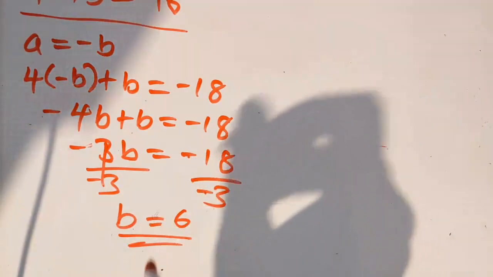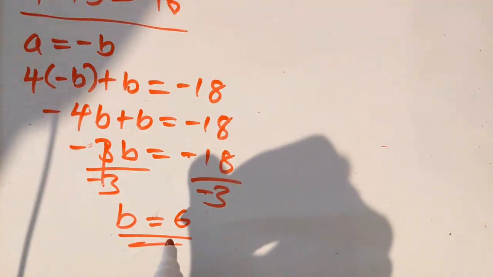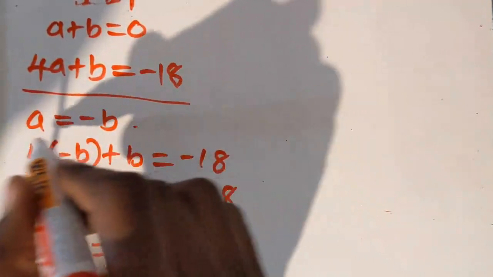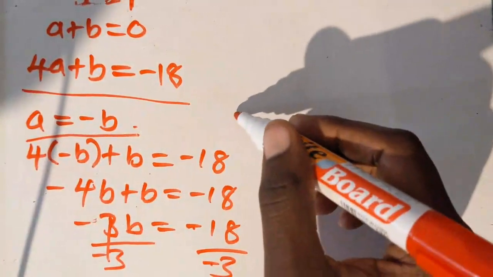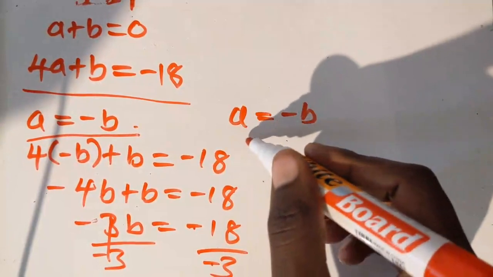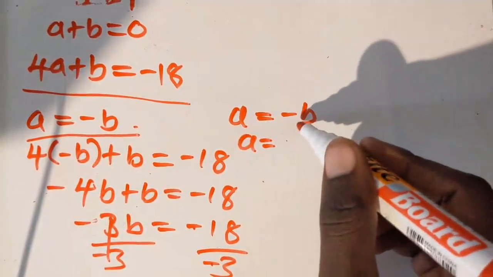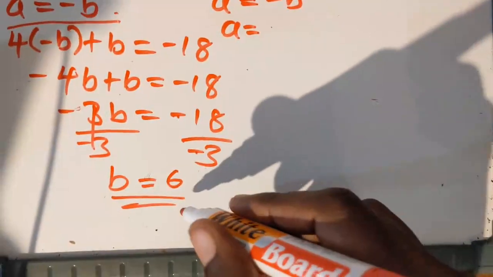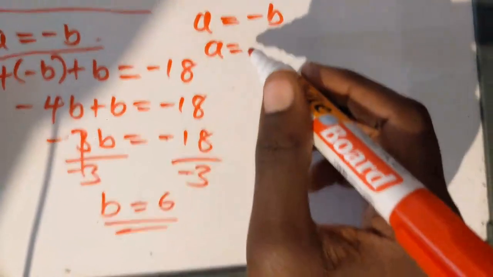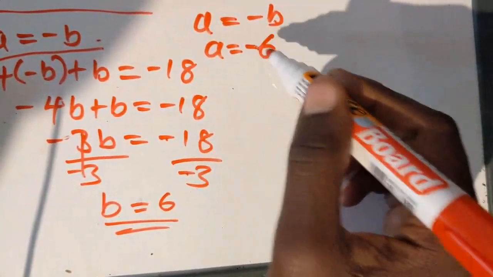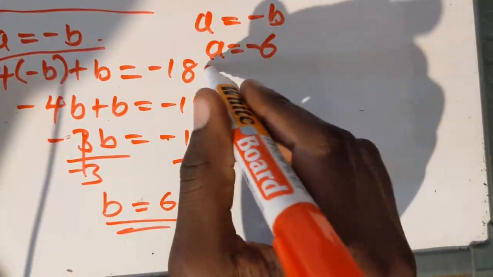So b is 6. Now that you have found the value of b, what is the value of a? I'm just going to get the first equation that you had found. a is equal to negative b. Since b is 6, that is what we have found, a is going to be negative 6.